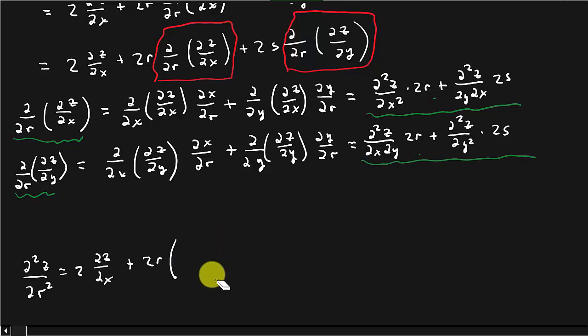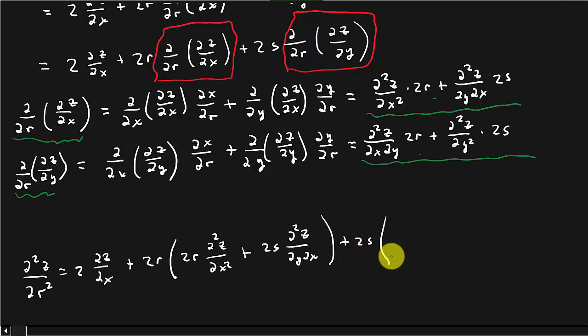Well, let's write the 2r first. 2r times the second partial of z with respect to x, plus 2s second partial z with respect to y, then with respect to x, plus 2s times, and then this one, so I'm going to plug this in. That's the second partial z with respect to x, then with respect to y.